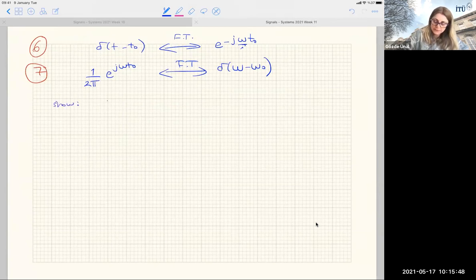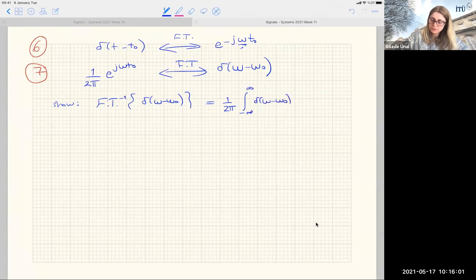Let's start with the second one, the Fourier transform inverse. So this will be really 1 over 2 pi, integral from minus infinity to infinity of delta omega minus omega 0 times e to the j omega t d omega. Remember, again, this guy multiplies and samples from this, right? It's the sampling property. So this will be e to the j omega 0 t.